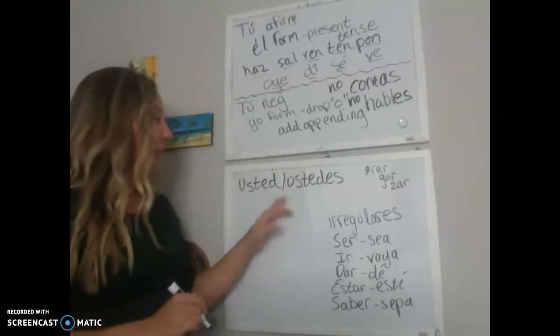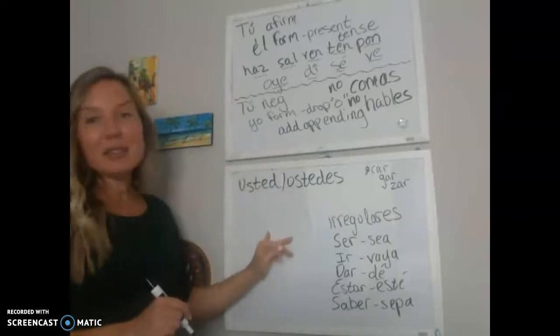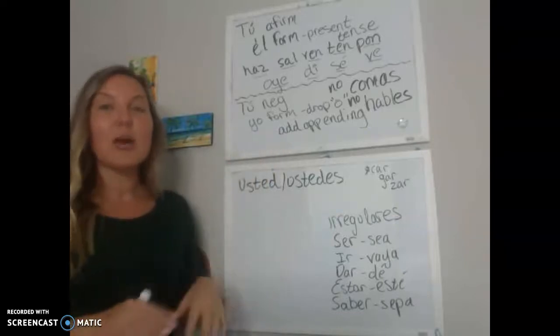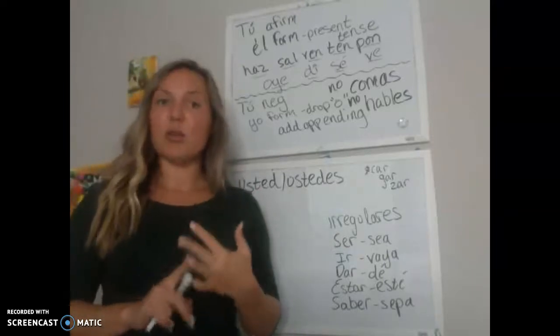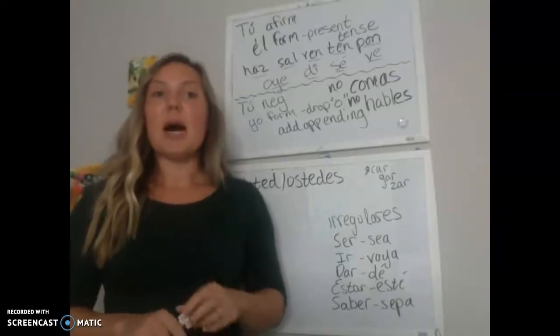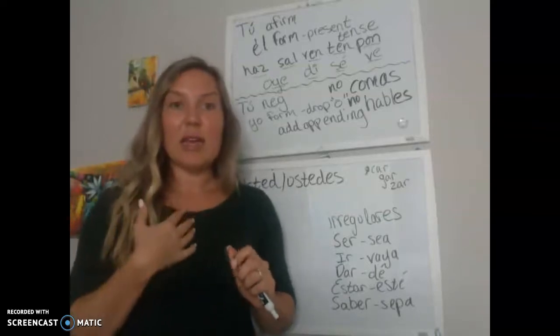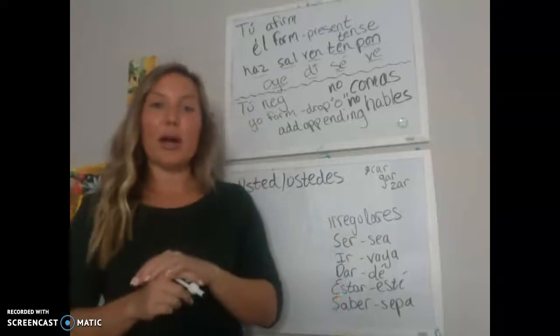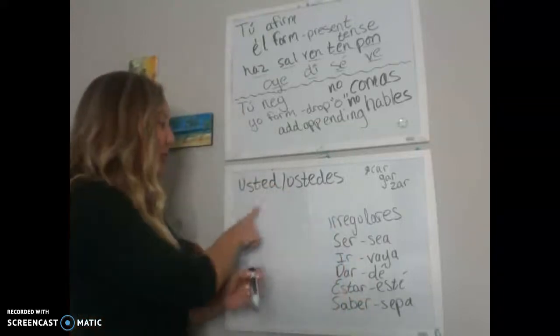Now, usted and ustedes, the good thing is once you can do the tú negative commands, you can easily do the usted and ustedes commands. So this is if you are talking to someone older than you or that you are showing respect to. If you wanted to command me and you were going to say, help me, or don't say that. Those are usted commands.